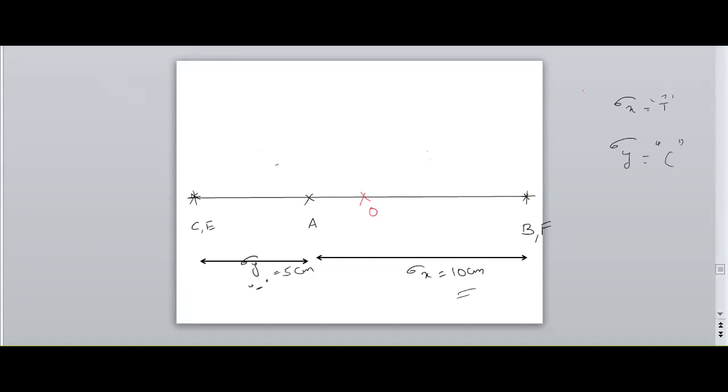Since the tau xy value is 0, the height of E and C will be the same point. C and E will have the same point. At B, I need to draw a vertical downwards. But here also tau xy is equal to 0. Therefore, the F and B points lie on the same point.